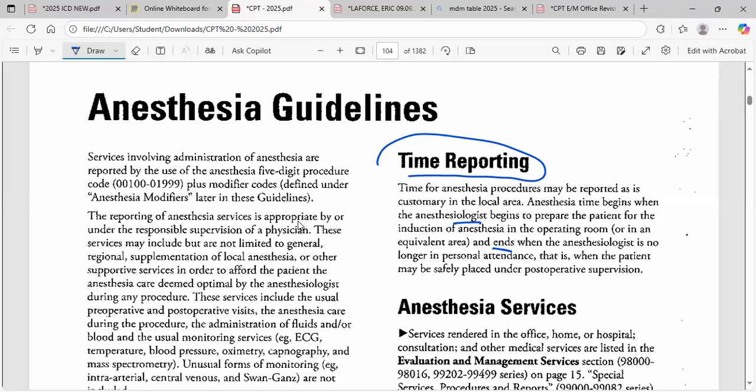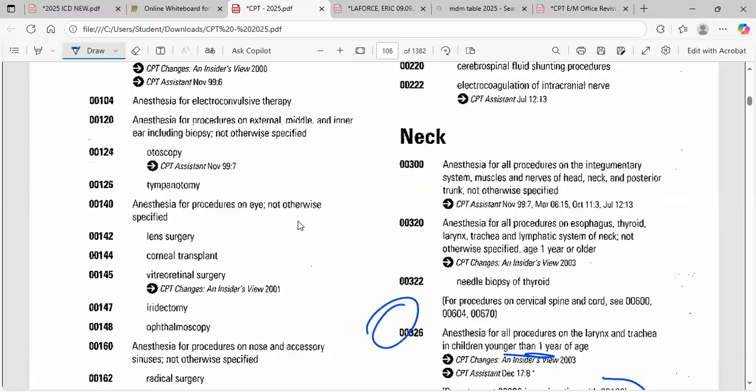And to verify the correct answer, we have to refer to codes 00320 and 00322. Now let's read the description of 00320. It says anesthesia for all procedures on esophagus, thyroid, larynx, trachea, and lymphatic system. And 00322 is to be used for needle biopsy of thyroid. So the correct answer for this question should be D. Why D?